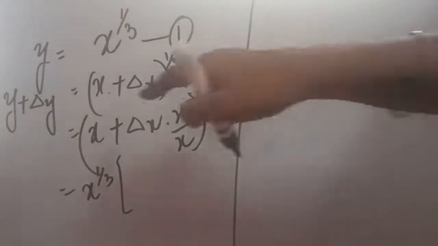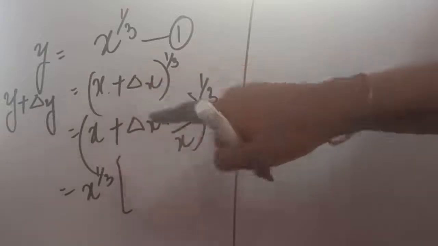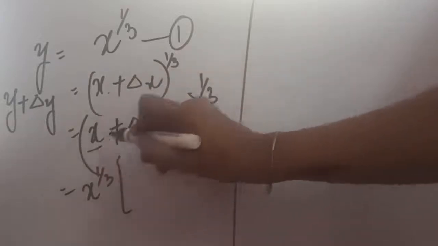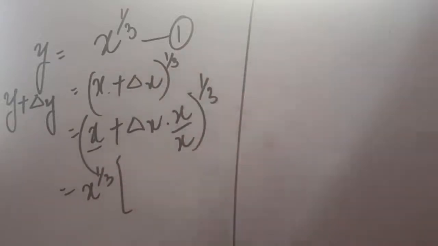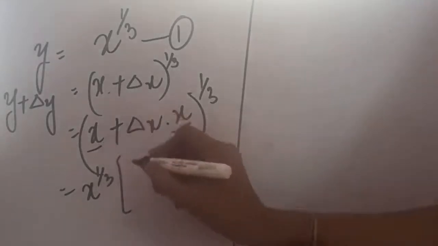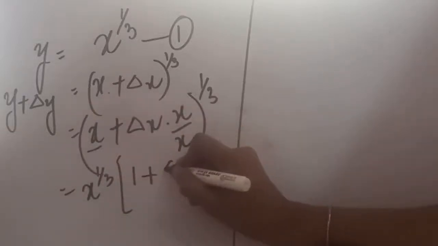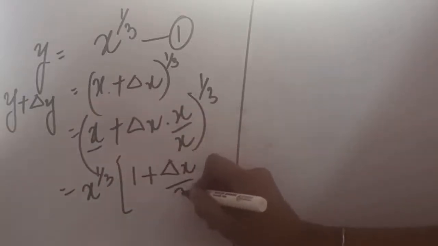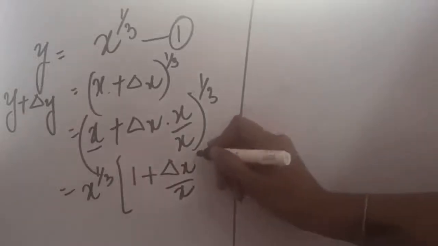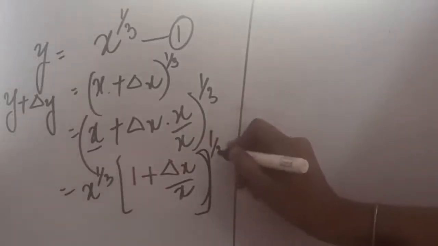Earlier there was nothing common, but now x is here and here also one x is there, and both have power 1 upon 3. So I have taken it common, and here it will be 1, because this has come out. This has also gone, so it will be delta x by x, and its power will be 1 upon 3.